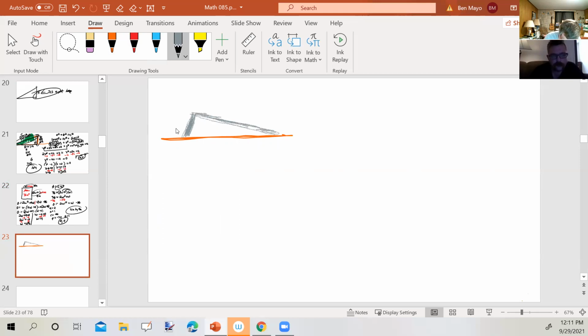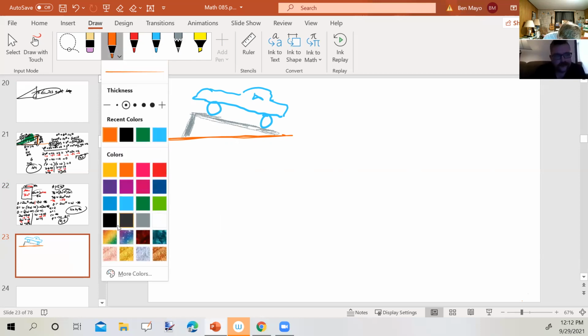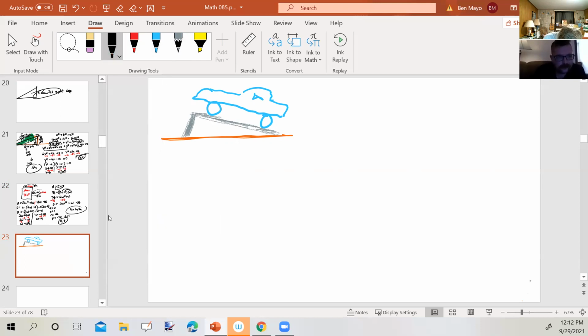So there's our ramp, and we have this lovely blue car. Now we're also told that this is a right angle. This is the base. This is the back.